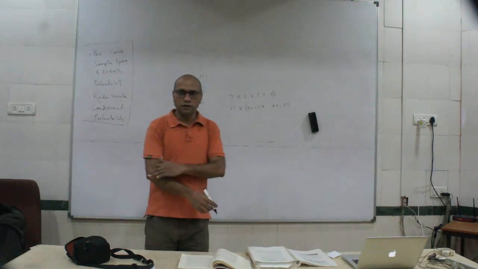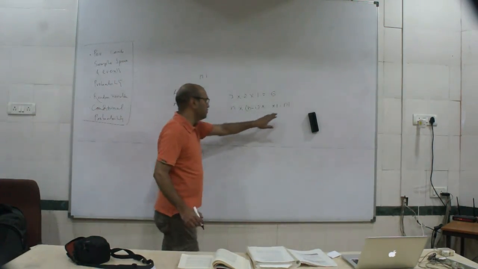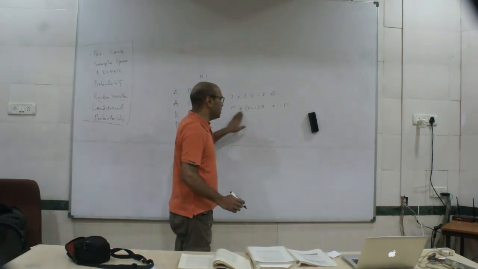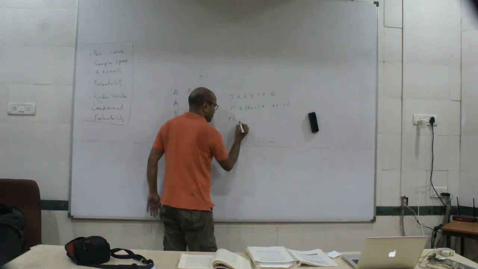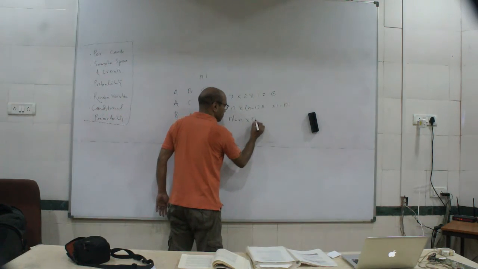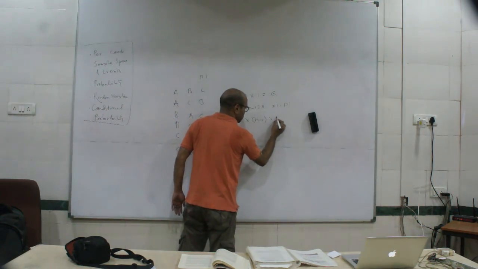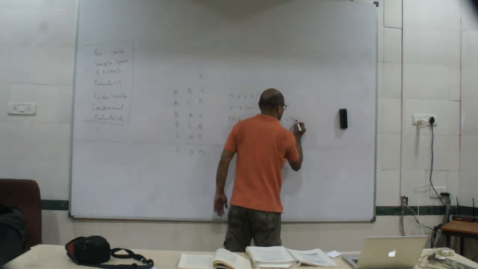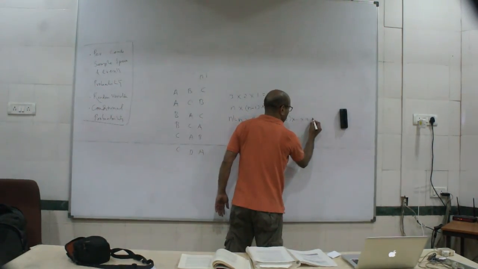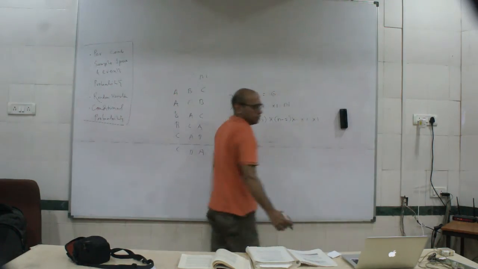N factorial, okay? N factorial means n multiplied by n minus 1 multiplied by n minus 2, up to 1, right?